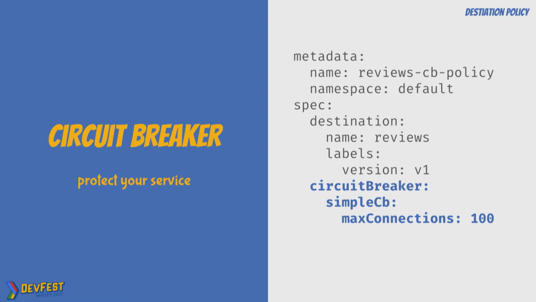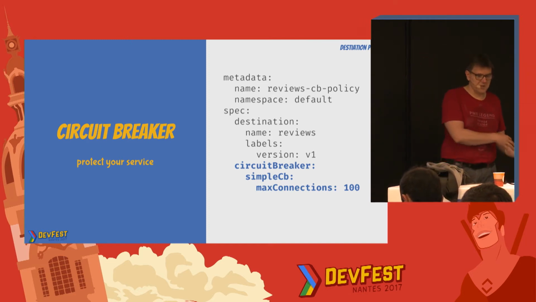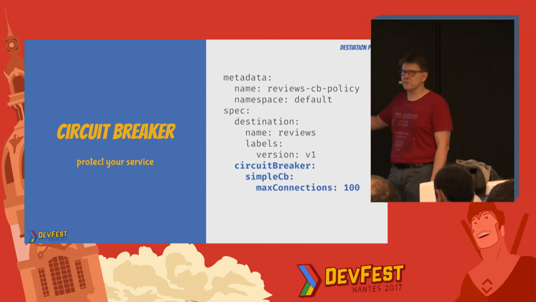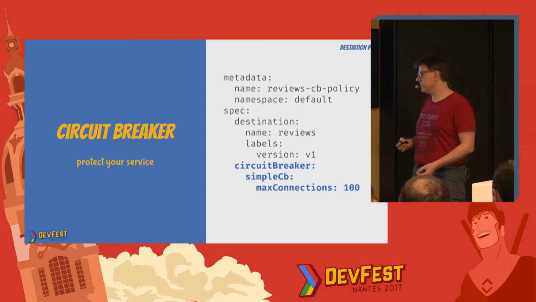So a circuit breaker, for example. Why is a circuit breaker interesting? Say you have your service talking to a MySQL database, and you know my service can handle a maximum of 100 connections because of the heavy things it's doing.